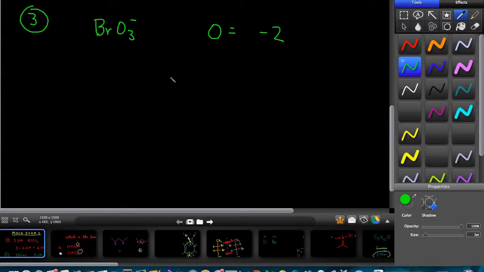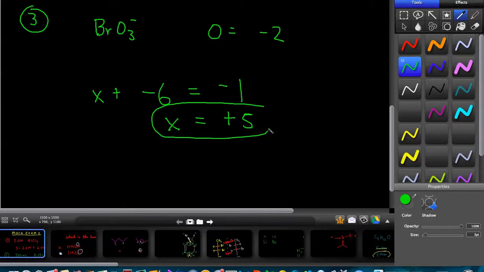And there are 3 of these, so oxygen contributes a -6. We're trying to find out what bromine should be, and the overall charge needs to be -1. So when we solve this, we find that bromine will have an oxidation state of +5. +5 is answer choice C.